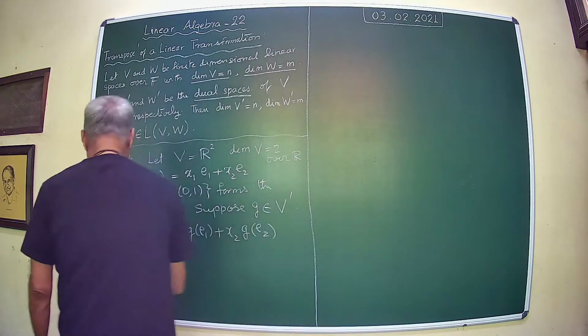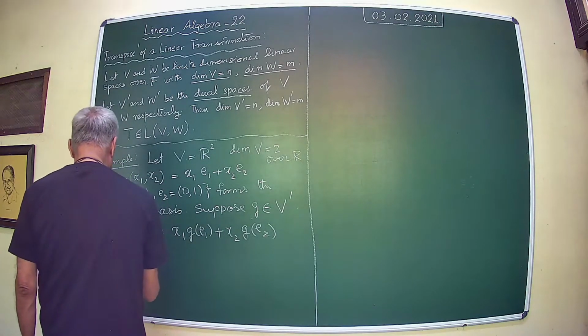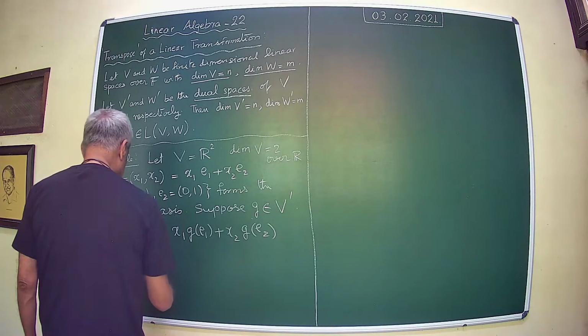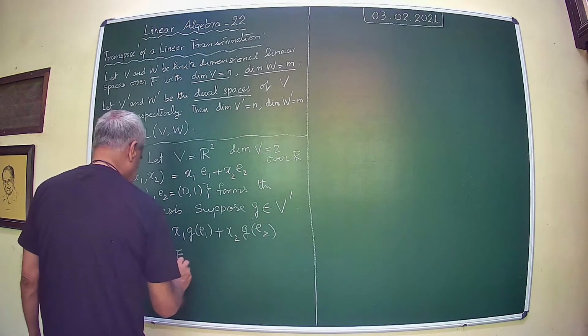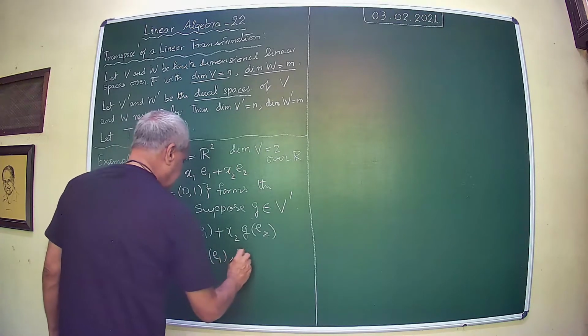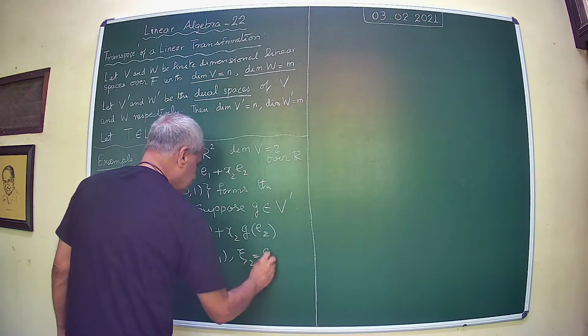So let me write psi 1 equal to G(E1) and psi 2 equal to G(E2).